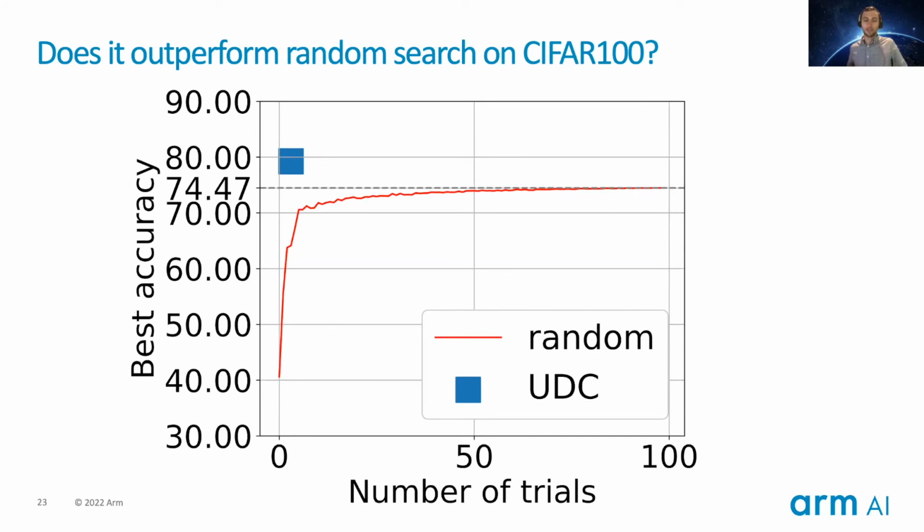The one thing I would say is that the performance of any algorithm depends on the search space and, like I said, how dense the space is with good models.